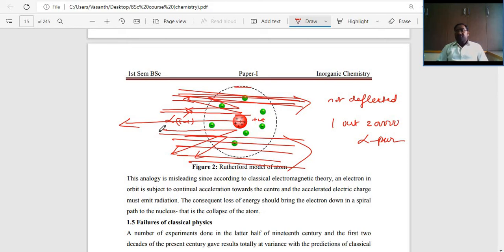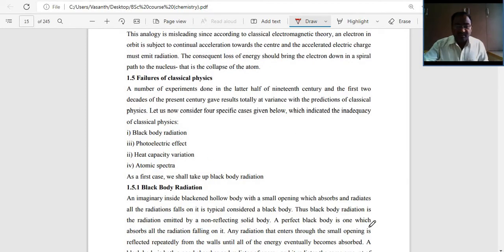The nucleus has a positive charge, that's why the alpha particle is deflected by positive repulsion, and the nucleus has a definite volume, because when the alpha particle falls directly on the nucleus, it retraces the same track. These are the conclusions of the Rutherford model. What are the failures of this classical physics?